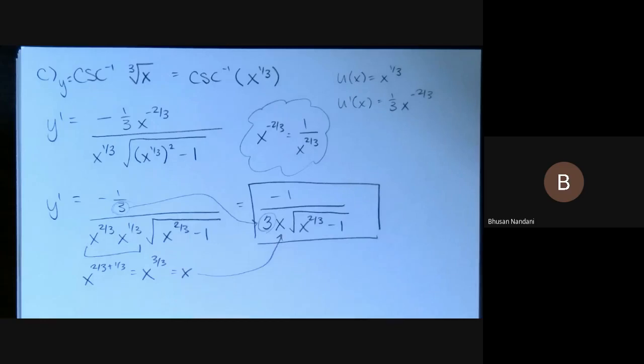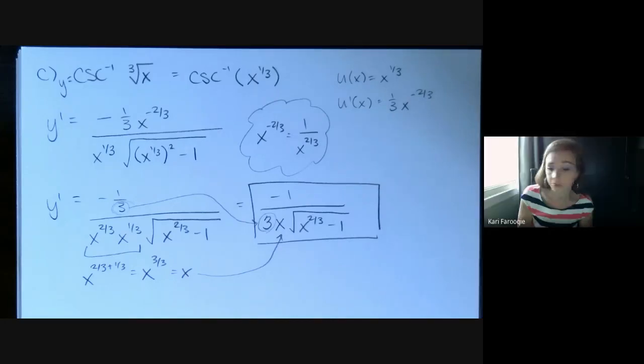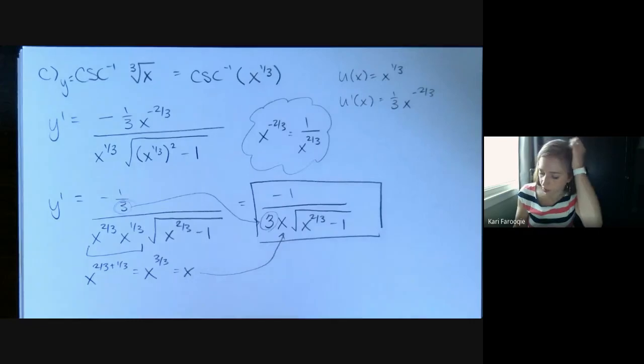I was wondering why you took the 3 from the -1/3 from the numerator and put that into the denominator. So remember that when you're multiplying by 1/3, you're dividing by 3.